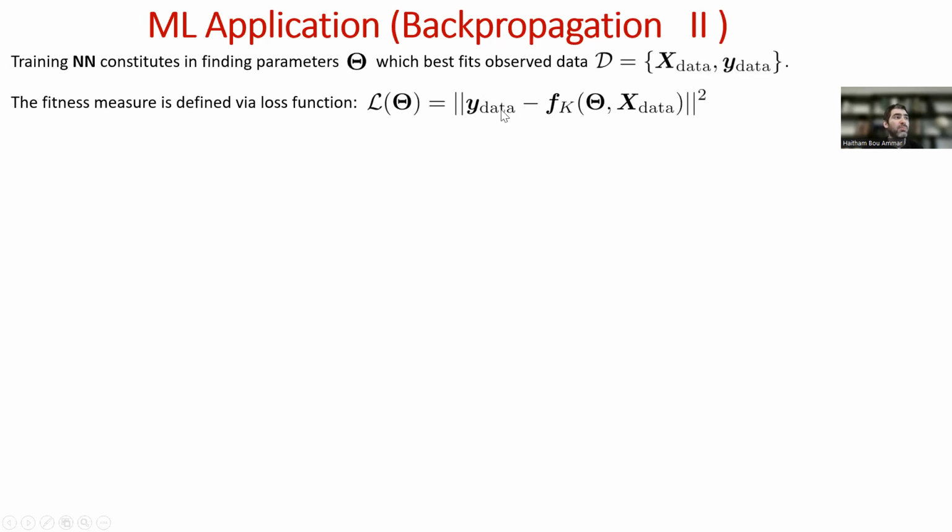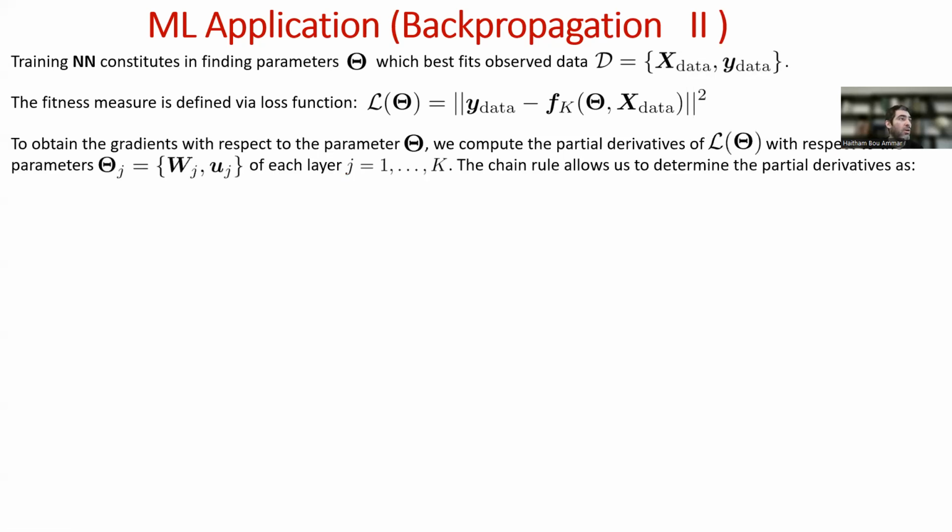So here the loss function basically tells how far the output of the network, which is this vector fk, the output of the last layer of the neural network, evaluated on the data points x data, is from the label y data that we should observe according to the observed data set we have.